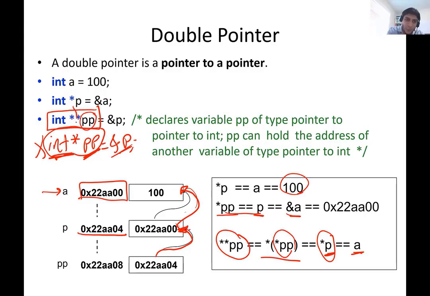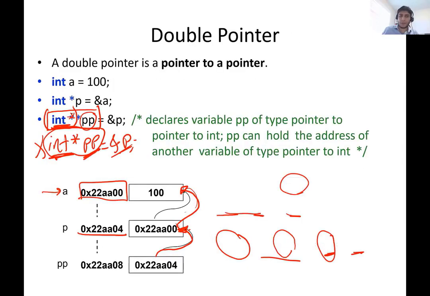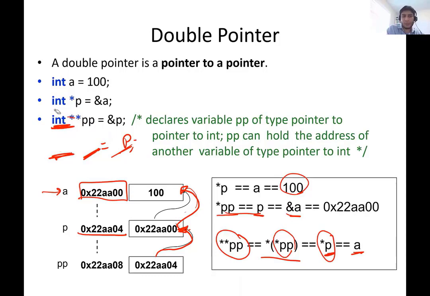In this case, it's pointing to a pointer to int, right? Because the rule about defining a pointer type is that you need to declare the type that the pointer is pointing to, and in this case, it has to be a pointer, which is the first asterisk, right? This is why we need a double asterisk for the double pointer. Is that clear now?